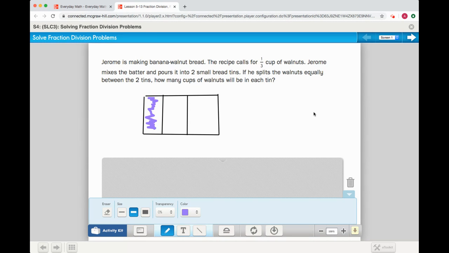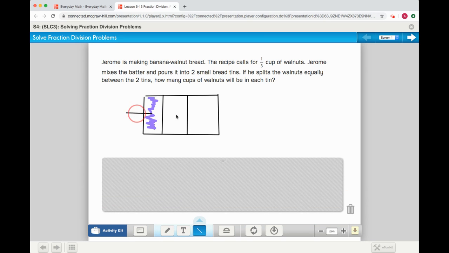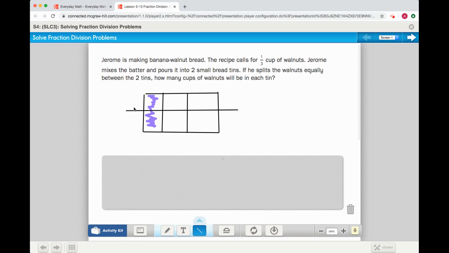Now, if you look at the next part of the problem, it says he's going to pour it into 2 small bread tins. So I'm now going to cut this into 2 pieces. Okay, notice that I went horizontally the opposite way, so 2 pieces. And then the question is how many cups of walnuts will be in each tin.